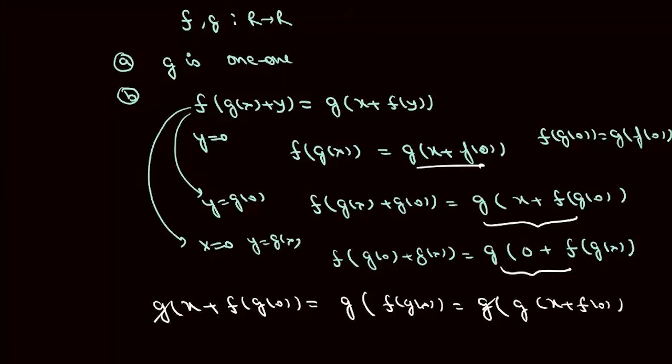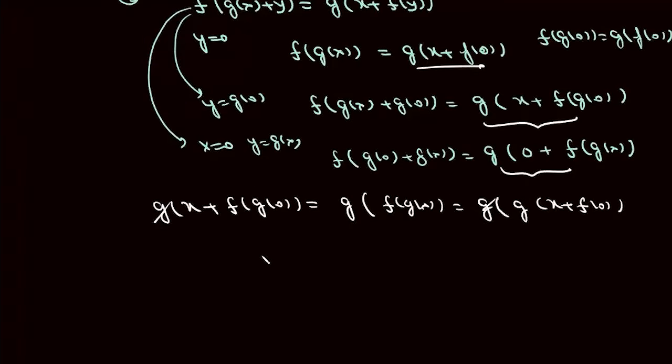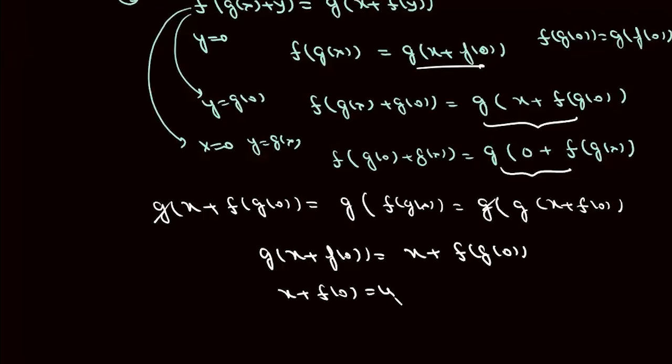Now, since it is a 1-1 function, we'll get g(x + f(0)) as x + f(g(0)). Now, let us take x + f(0) as u.